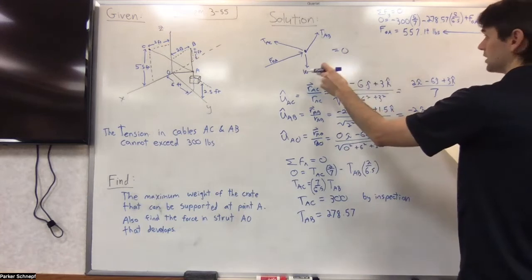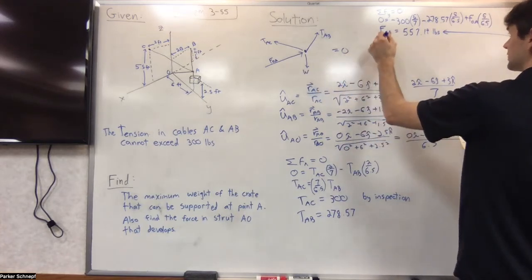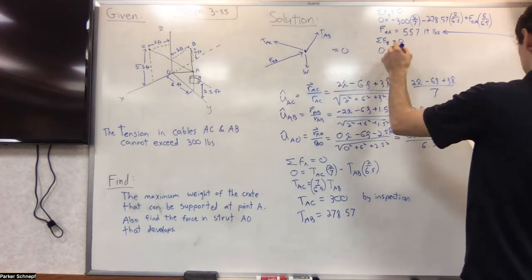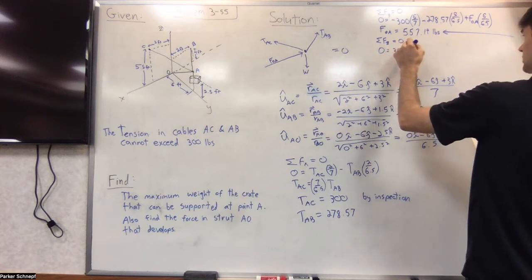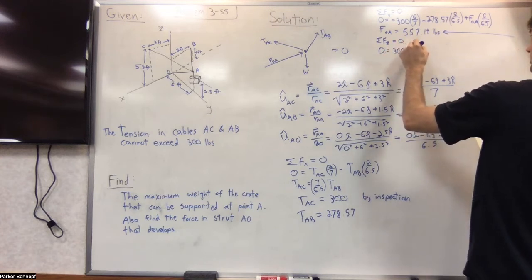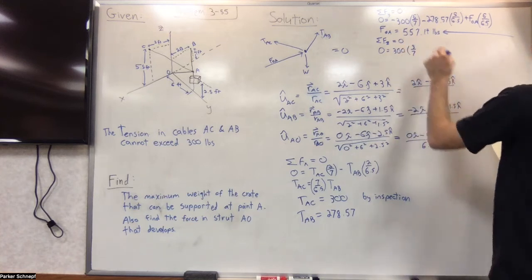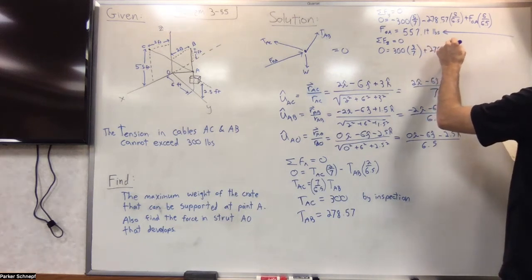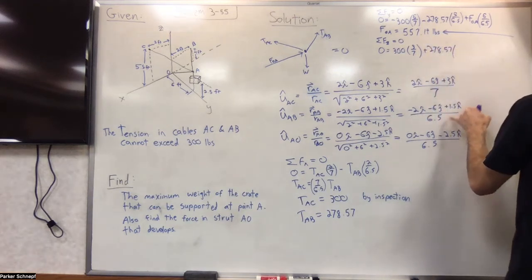And now we only have one unknown left, which is W. And we have one equation left, which is the sum of forces in Z. And so that's going to include the Z component of everything. So TAC, its Z component is 300 times 3/7. TAB, its Z component is 278.57 times 1.5 divided by 6.5.